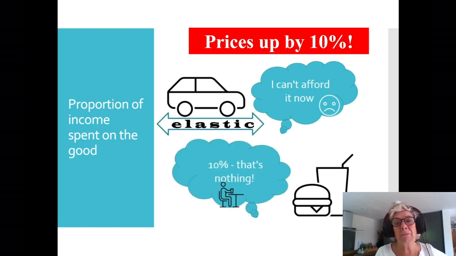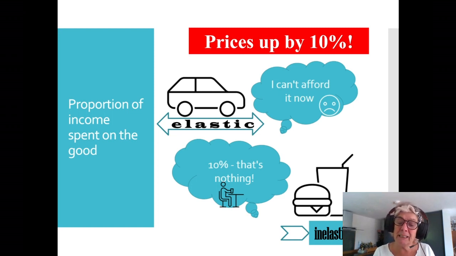You're probably still going to demand it. So demand for expensive items that take up a big proportion of our income tends to be elastic, whereas demand for cheaper items that take up a very small amount of our income tends to be inelastic because that price increase is not so much for us, so we're not going to reduce our demand.